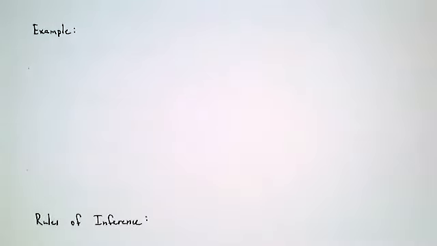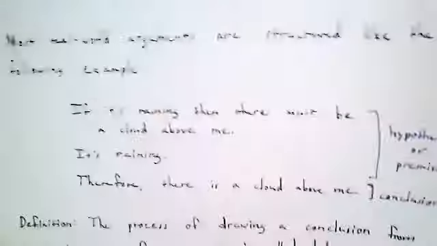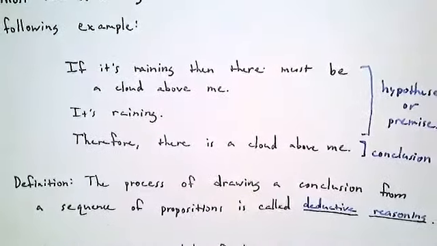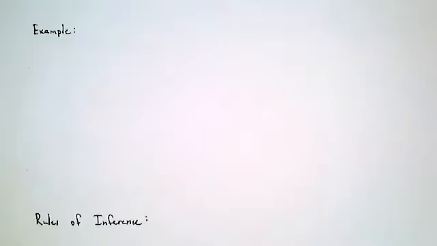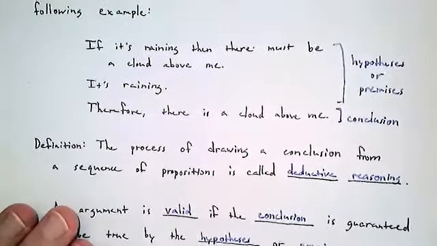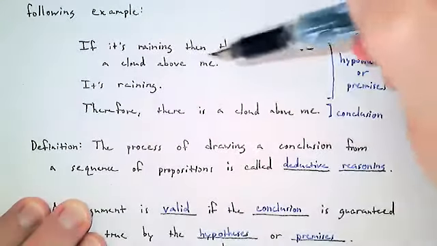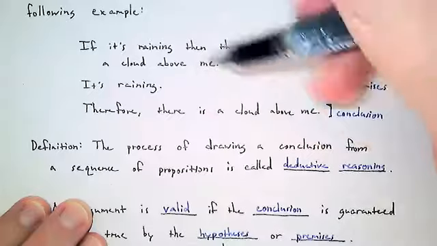Okay, so in this first example, what I want to do is translate this argument into a symbolic argument. What I want to do is replace the propositions in my argument with symbols.